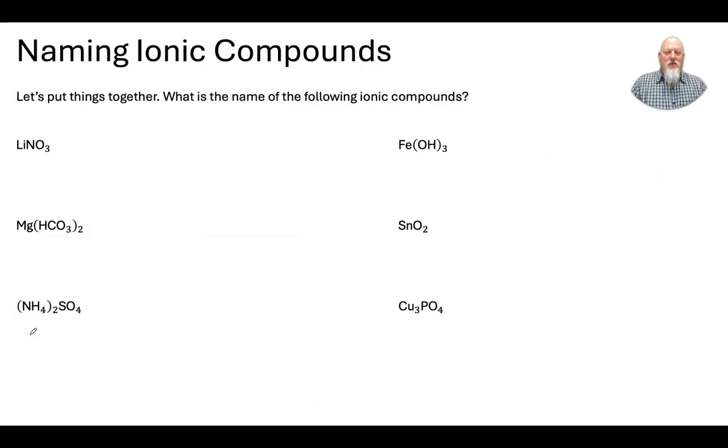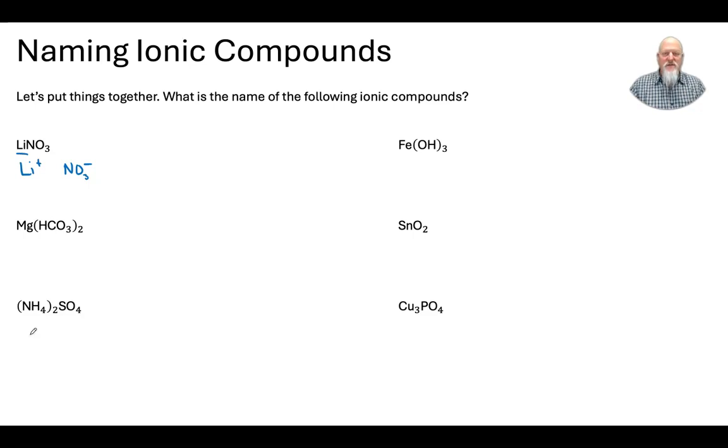All right, so when we name ionic compounds, the best way to do this is identify the cation and identify the anion, and then name them. Okay, so LiNO3. Li plus is the metal in here, and it's a positive 1 charge. NO3 minus is the anion. That's the polyatomic anion we just saw.